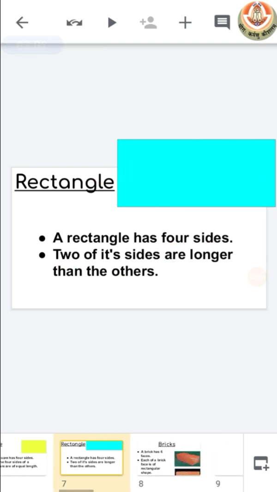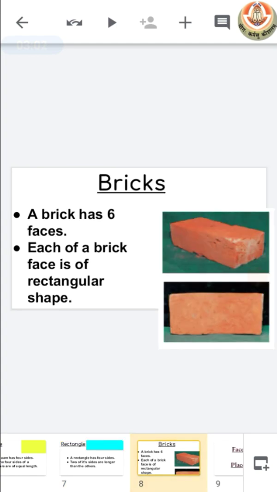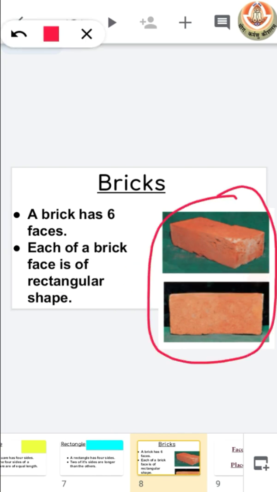Now we know that in the first chapter, which is Building with Bricks, we saw bricks. What you came to know when you learned about bricks in the first chapter is that a brick has what kind of face? Rectangular face.